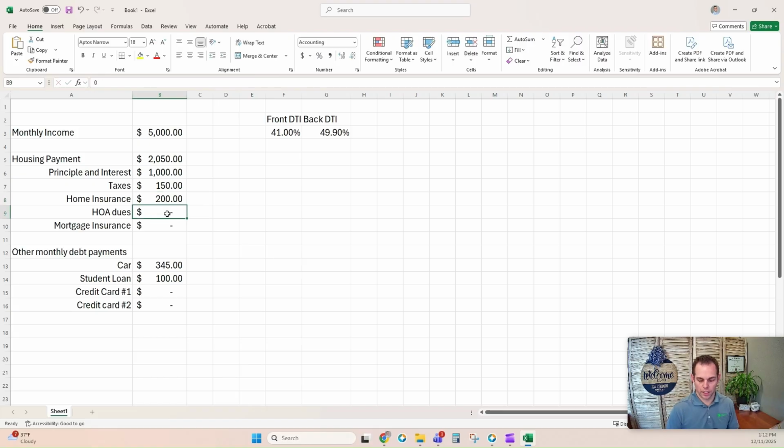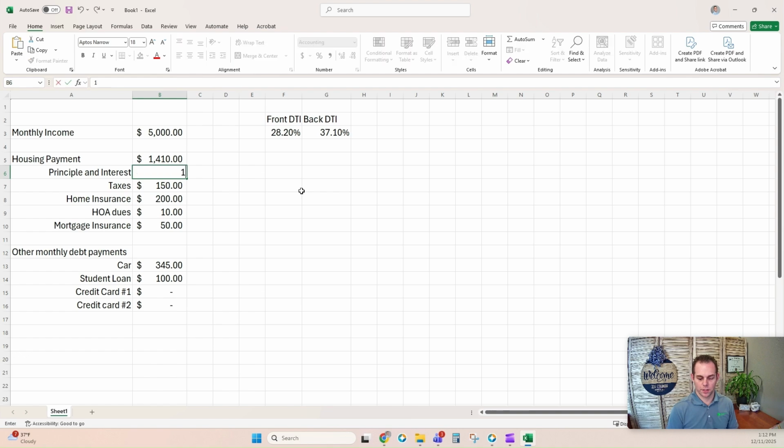And then HOA dues are $10, and then mortgage insurance is $50. And so we're going to fix this since I messed it up. There we go. So we're at 1410. What if we got cheaper homeowners insurance? Our back end ratio is at 37 right now.